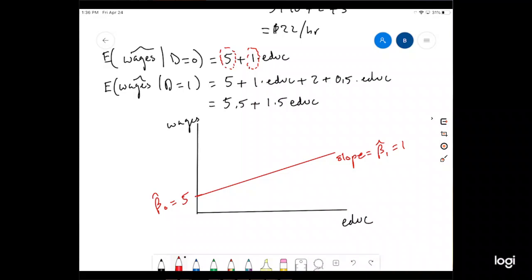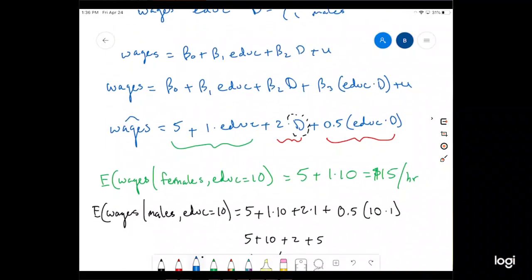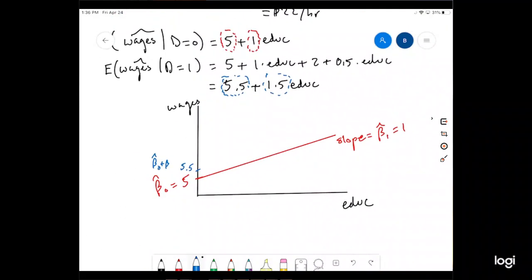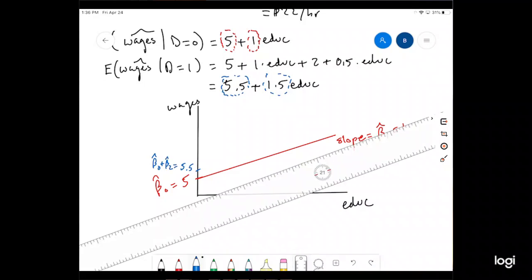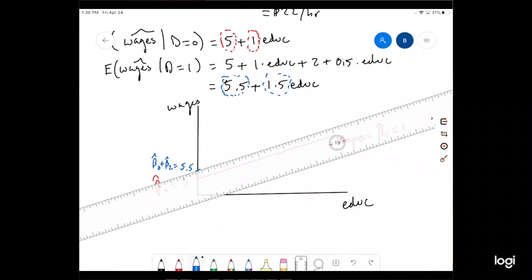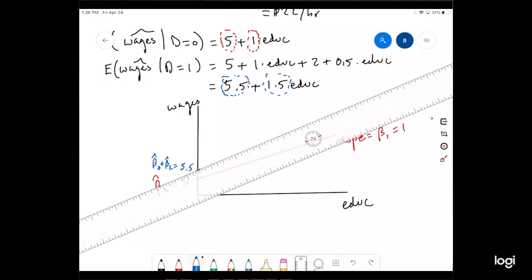Now let's do the male line. So now we have, this is our intercept, and this is our slope. Okay, so now that intersects right there. Call that 5.5, which is beta hat 0 plus beta hat 2. And the slope of this line is slightly steeper than the slope of the previous line. Maybe ever so slightly.